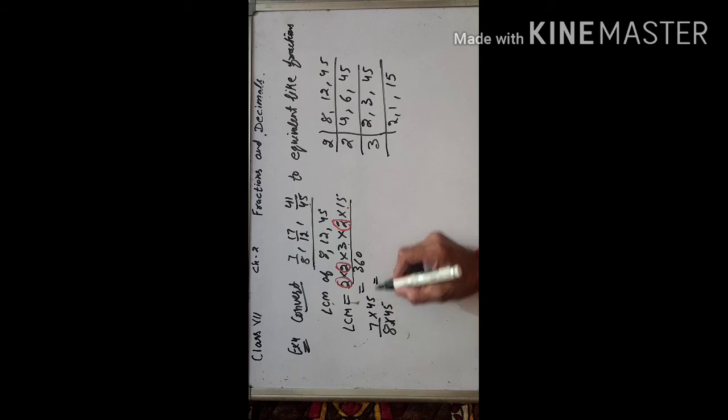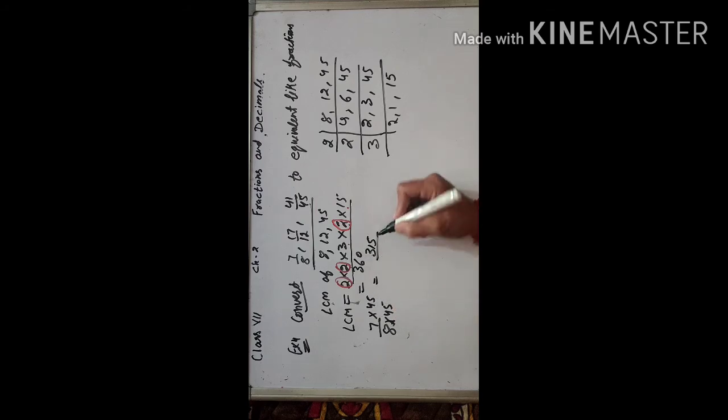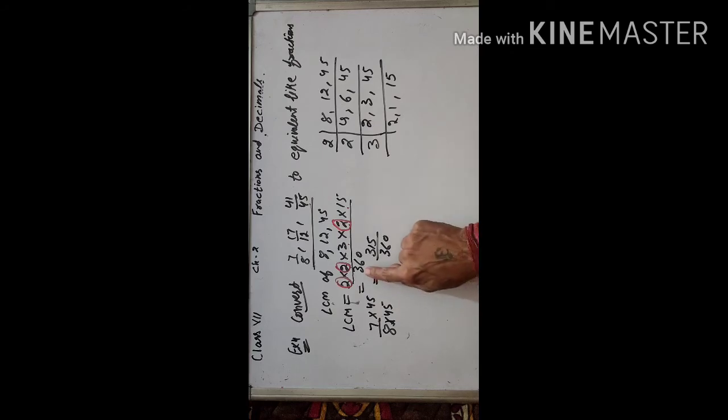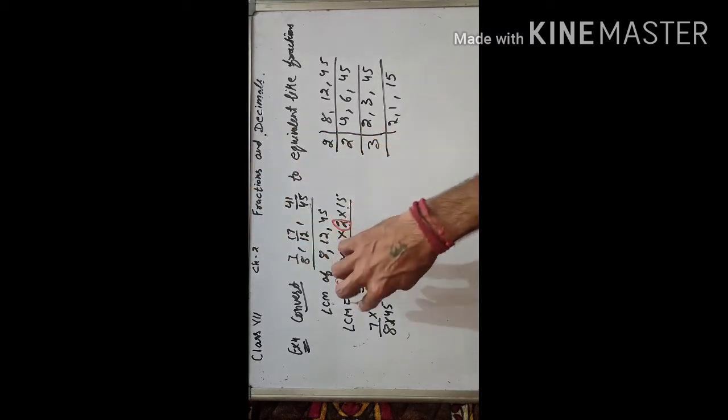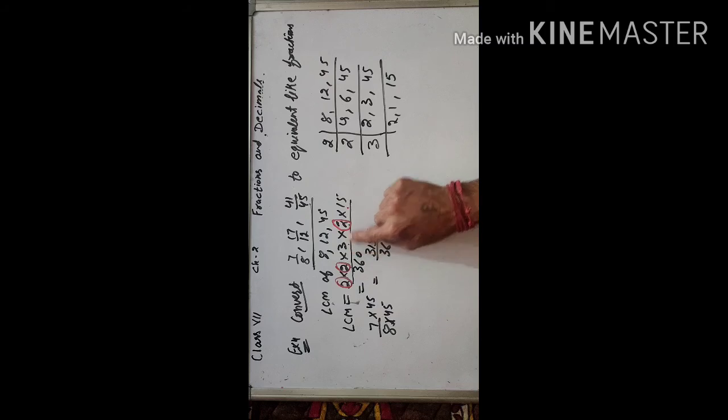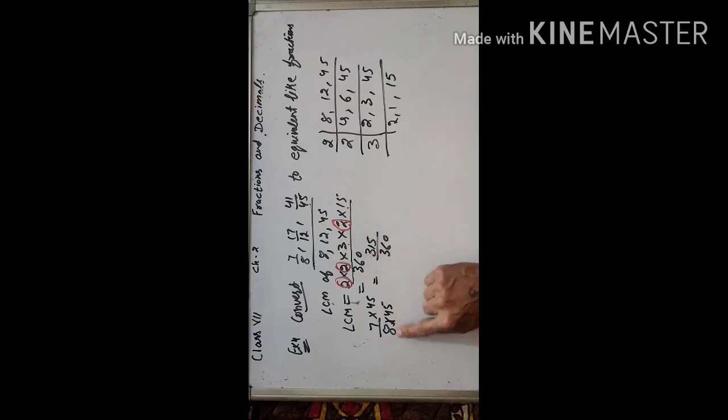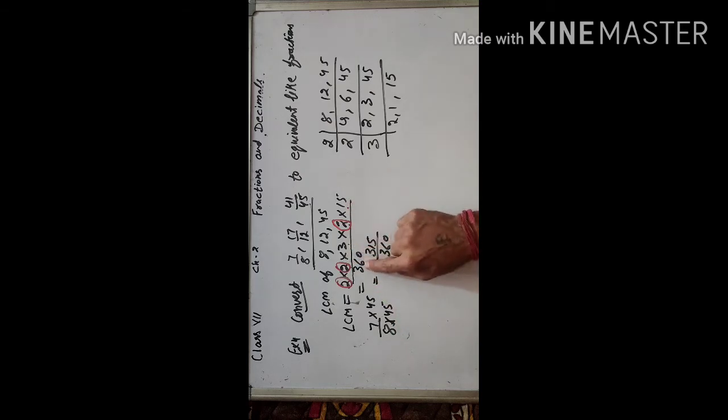That means 315 upon 360. The LCM is 360, so we have to make the denominator 360. How do we know we have to multiply with 45? 2 2s are 4, 4 2s are 8. Leave these, and the rest, 3 and 15, we multiply, 3 by 15 is 45. If we multiply 8 with 45, it becomes 360. 7 into 45 is 315 and 8 into 45 is 360.